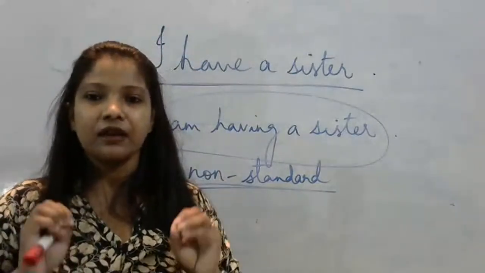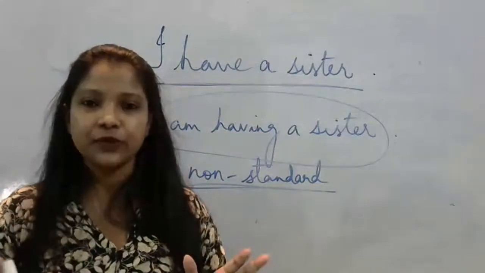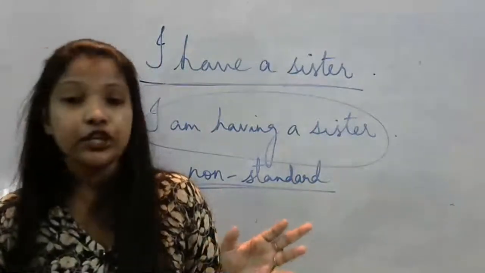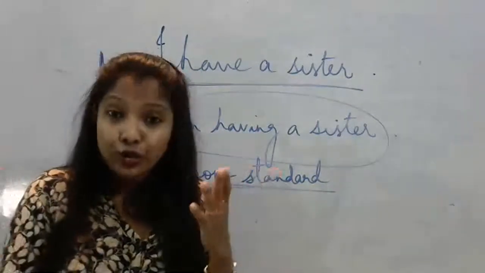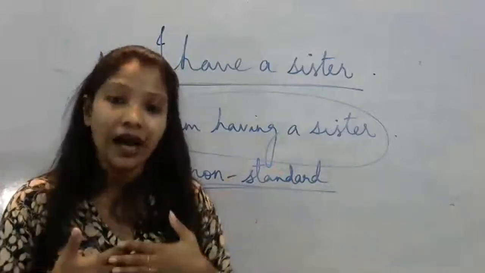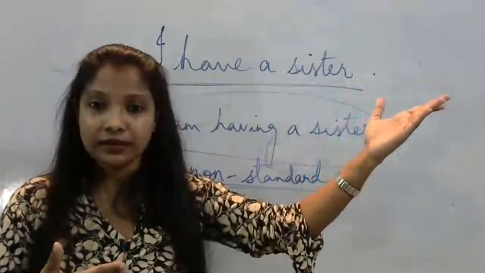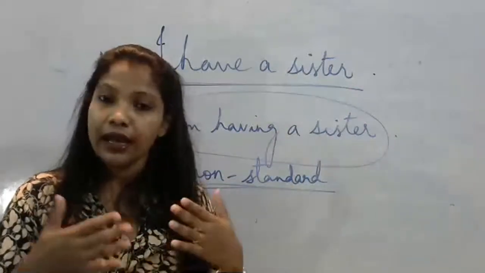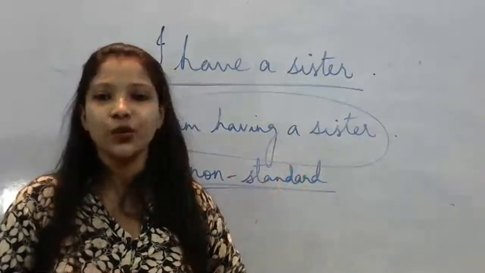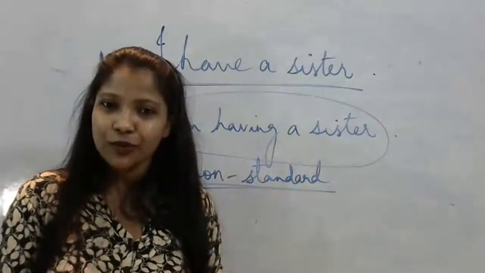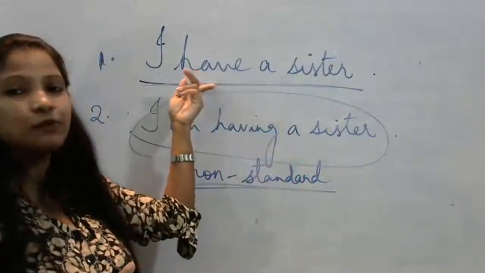I repeat, relationships are expressed in simple present tense. You should not frame a sentence like "I'm having an uncle who lives in the US." No, "I have an uncle who lives in the US." So, relationships are always expressed in simple present tense.